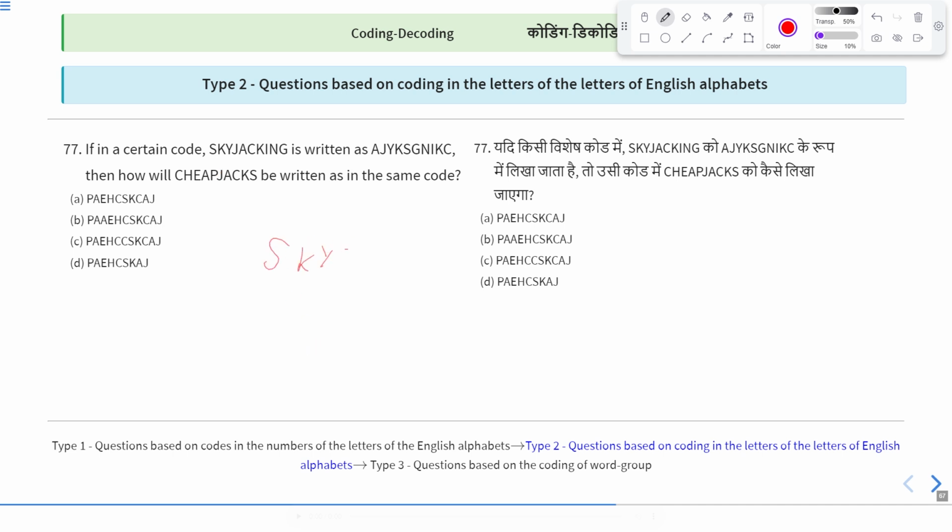Sky jacking. This is nothing but the letters being again scrambled in approximately half again. 1, 2, 3, 4, 5. 1, 2, 3, 4, 5. And reversed, yeah.